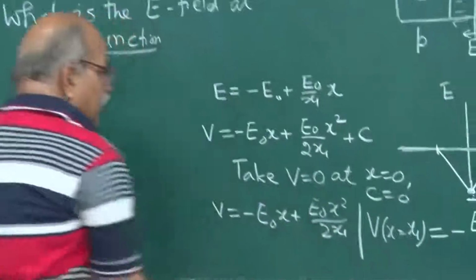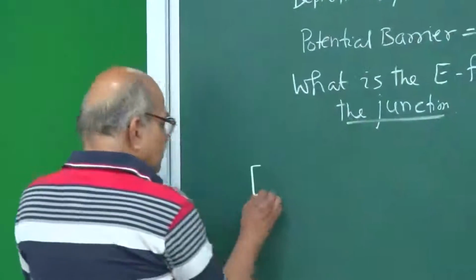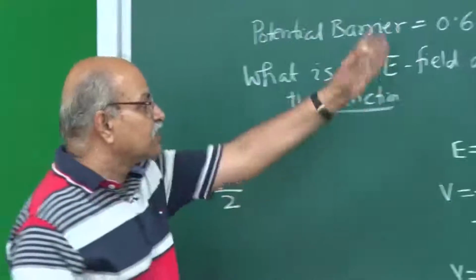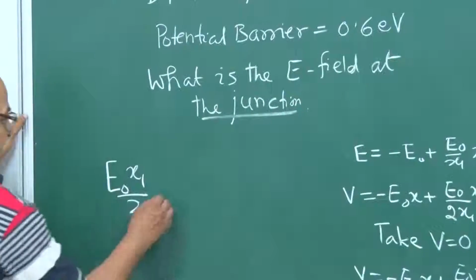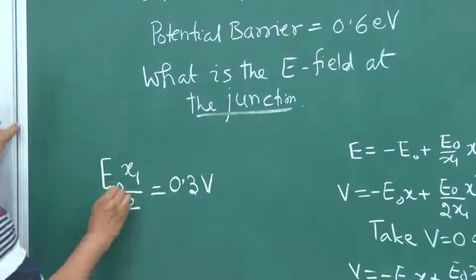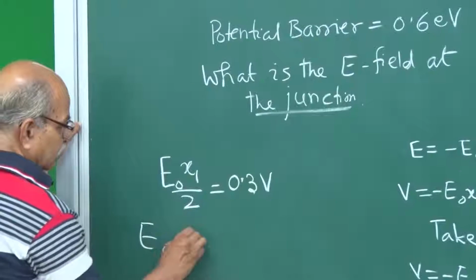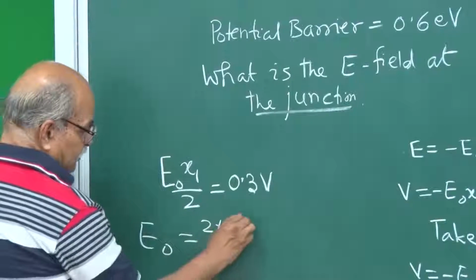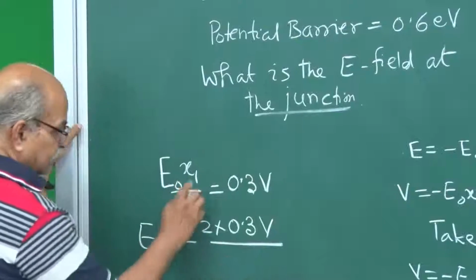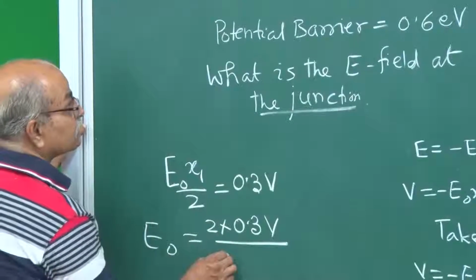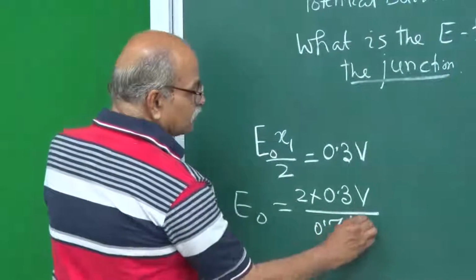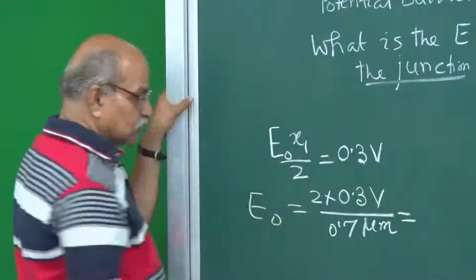So this E naught x1 by 2, the potential difference from the junction to the end of the barrier, should be 0.3 volts. From here you can get E naught, which is 2 into 0.3 volts divided by x1. And how much is x1? x1 is 0.7 micrometers.